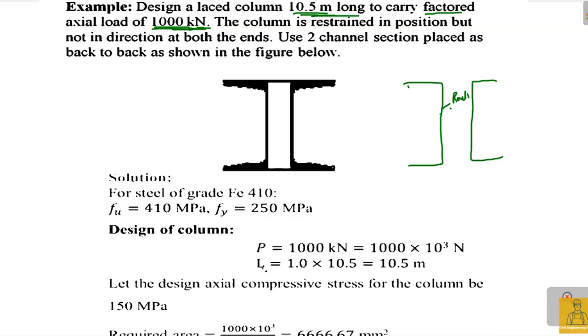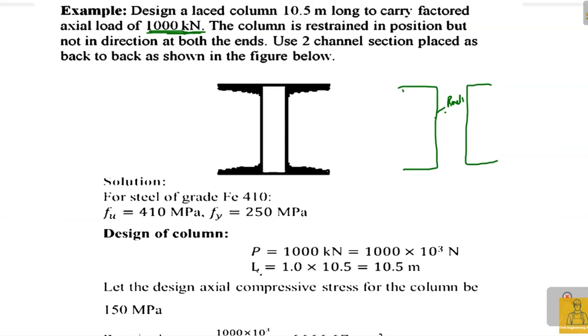So it is restrained in position, that is, it does not move sideways, but it is not restrained in direction, it can bend. It is hinged connection. So what happens to hinged connection? So you know that K is equals to 1.